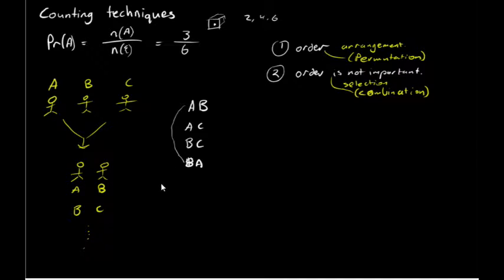AB is different to the arrangement of BA. I can also have CA, again, different to that one. AC is different to CA, and also CB, and same thing. So in total, there's 1, 2, 3, 4, 5, 6 different ways I can arrange these three people.